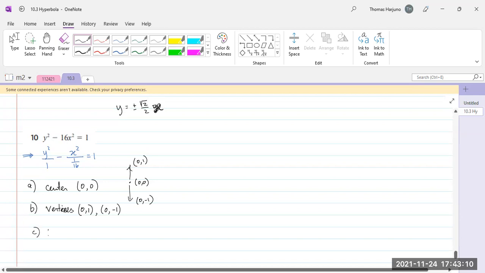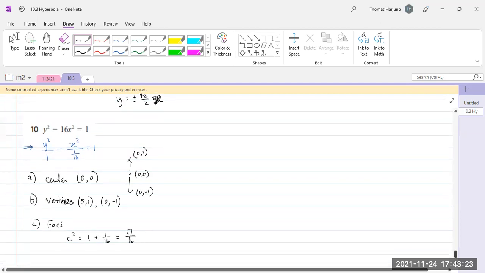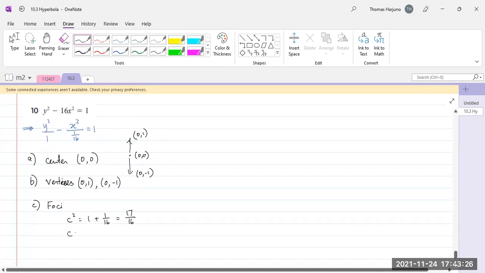And how about the foci? That will be c squared equals 1 plus 1 over 16. That's 17 over 16. So c equals square root of 17 over 4. 0, square root of 17 over 4. 0, negative square root of 17 over 4. So the foci will be slightly up there.